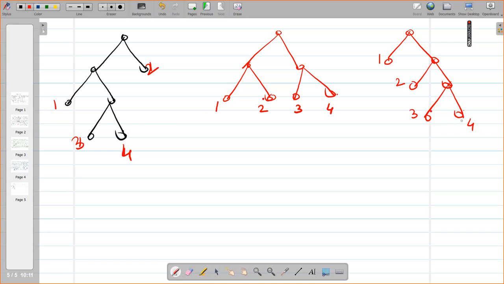Yes, ma'am. Why this happens? This answer is very easy. See, what is the total degree of this graph? This is a tree on n vertices. So how many edges does it have? N minus 1.